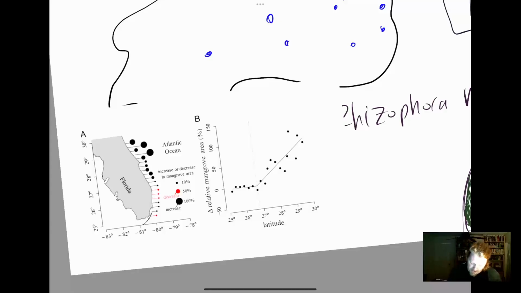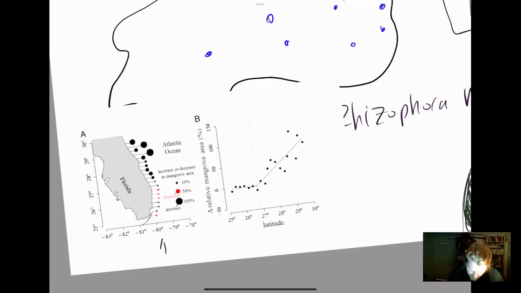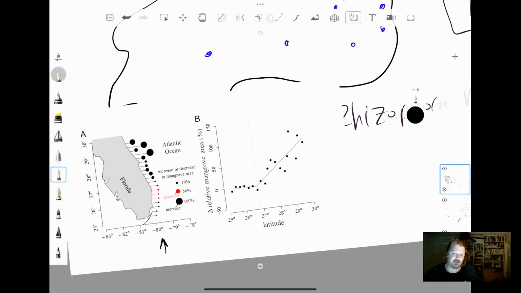And on this plot, what's really cool is you're seeing on the left-hand side here, black circles represent more mangroves in this long-term study they're doing. So higher density of mangroves over the course of time. And red dots indicate lower density of mangroves over time. And then the size of the dot shows the proportional change.